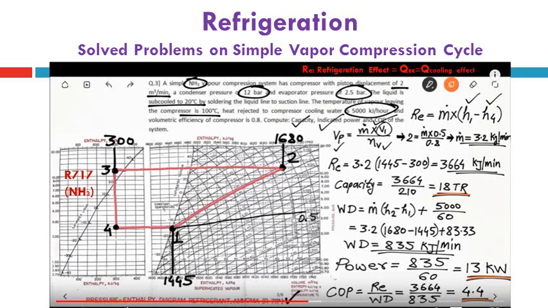Then we can estimate the capacity of this cycle based on the cooling effect in refrigeration ton. To transform the unit from kilojoule per minute to refrigeration ton, we have to divide by 210. So we get the capacity as equal to 18 refrigeration ton.